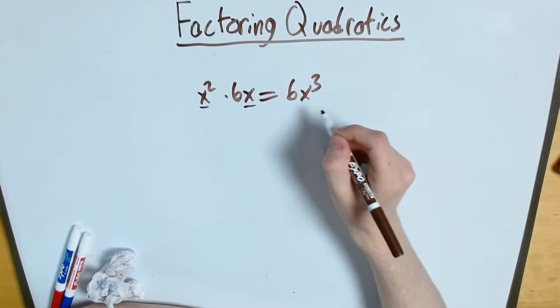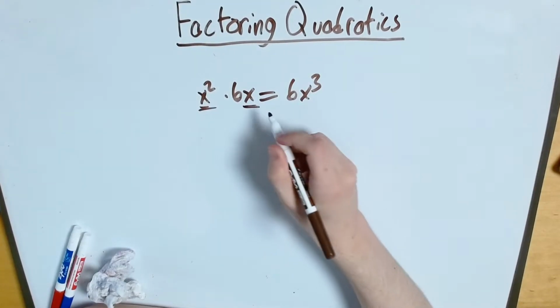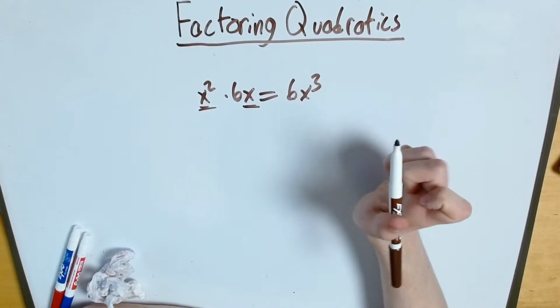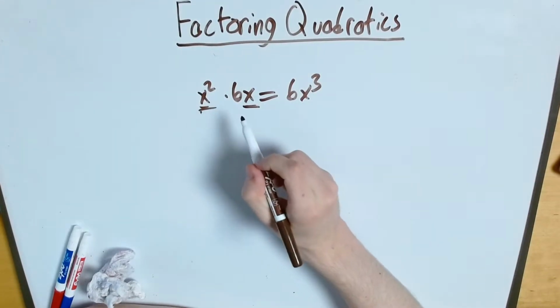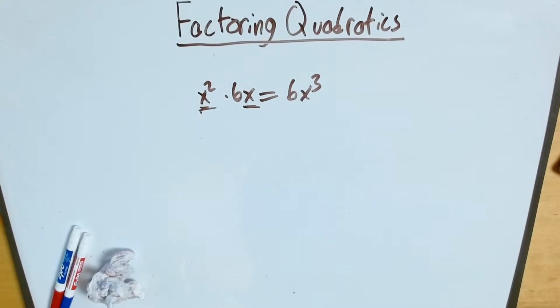So we can say 6x cubed is divisible by x squared and 6x, or 6x cubed has two factors, x squared and 6x. They're both factors of 6x cubed.